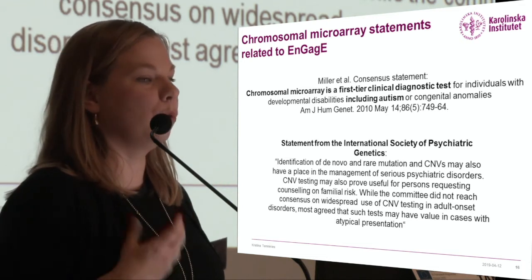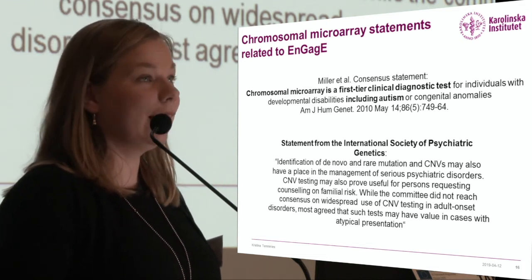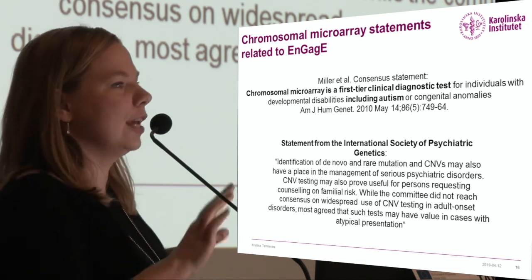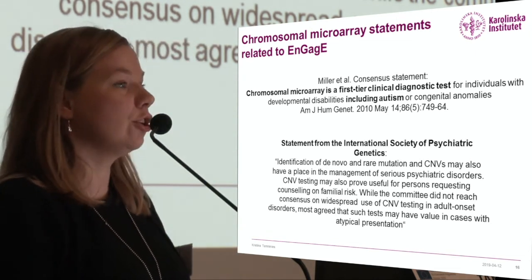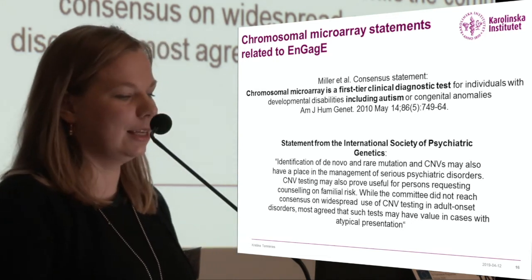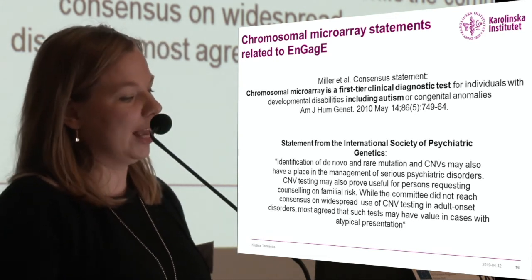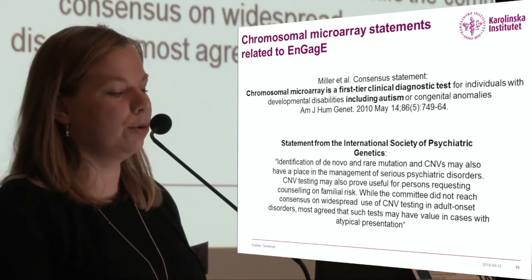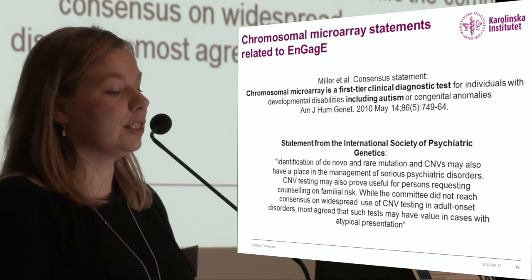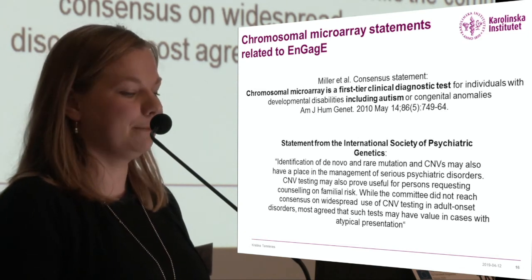Many of you have actually been working on this statement. It's a long text, so please read it, but I just took this part of it. Identification of de novo and rare mutations and CNVs may also have a place in management of serious psychiatric disorders. CNV testing may also prove useful for persons requesting counseling on familial risks.